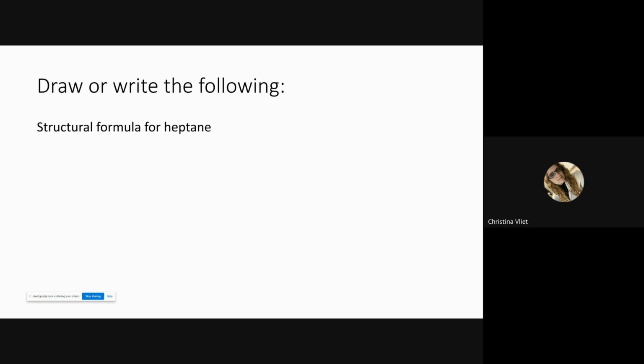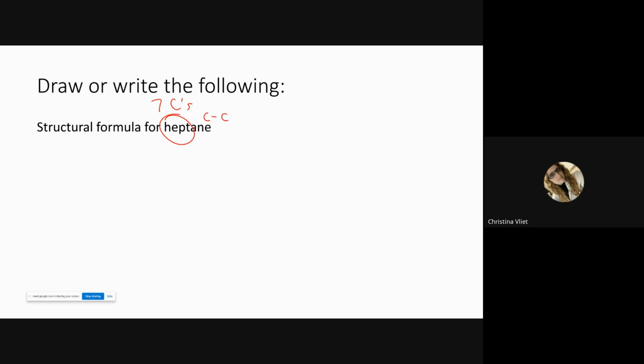All right, structural formula for heptane. What do we do here? Omar. So start with your 7 carbons, right? Hept means 7. And are you going to have to memorize that? A means single bonds between those carbons.